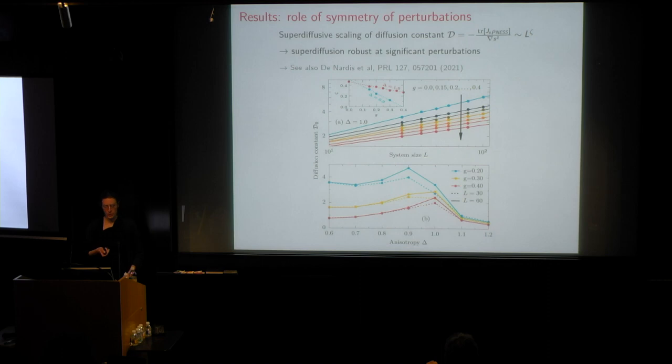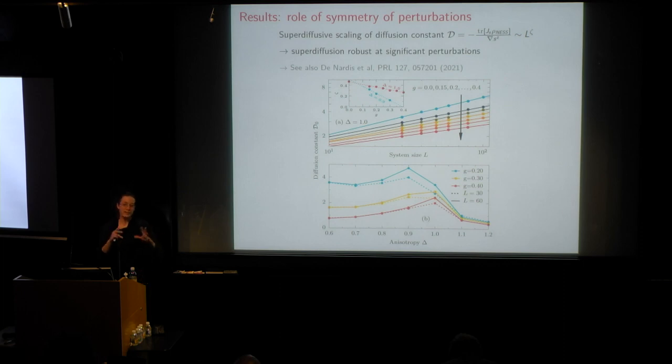So the conclusion was that this superdiffusion seems really robust against perturbations that preserve the SO2 symmetry of the model, and seems the most robust of all the different types of transport that we see in these integrable models.